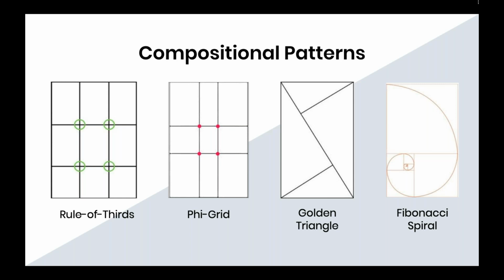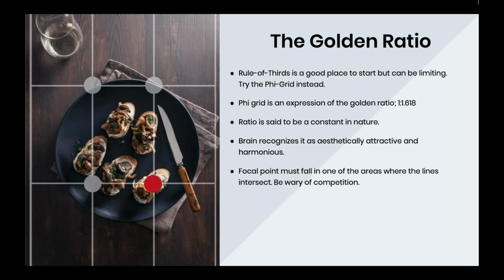And then we have 3 patterns: Phi-Grid, Golden Triangle, and Fibonacci Spiral, and they are all expressions of something that is called the golden mean. It's also known as the golden ratio and the divine proportion, and I think there's probably a couple of other names for it, and I'll just go over a little bit more about what that is.